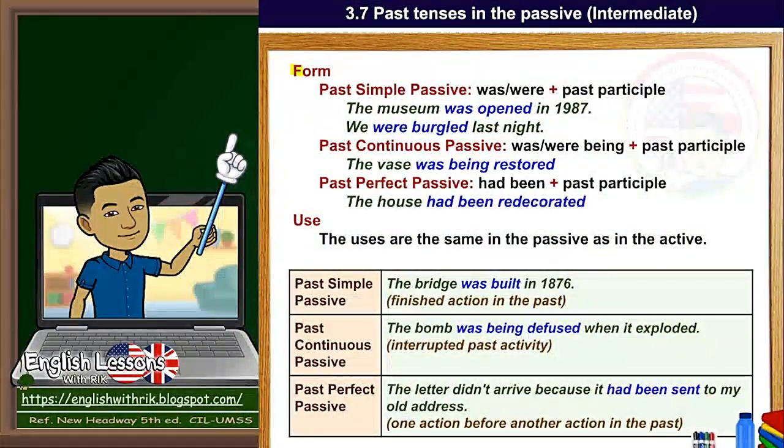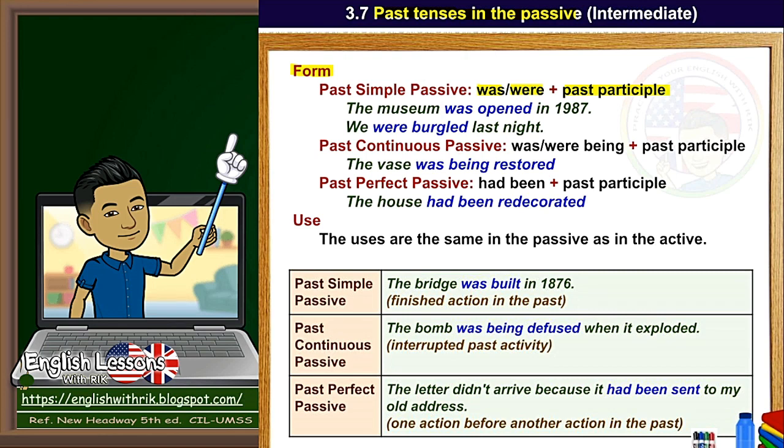Past tenses in the passive. Form. The form of the past simple passive is was or were plus past participle. The museum was opened in 1987. We were burgled last night.